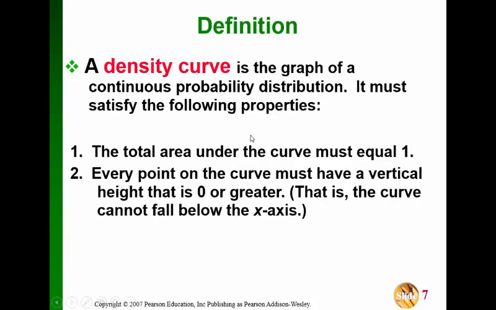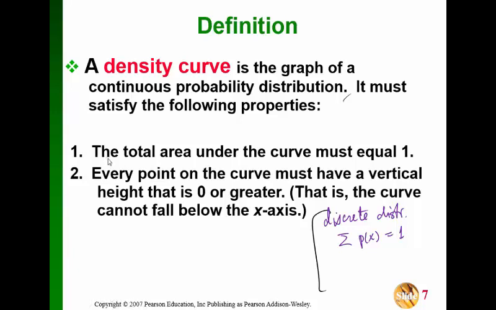Okay, the density curve is the way we're going to describe our continuous probability distribution. And if you could try to remember back to the properties for a discrete distribution, our discrete random variables have the sum of all the probabilities add up to 1.